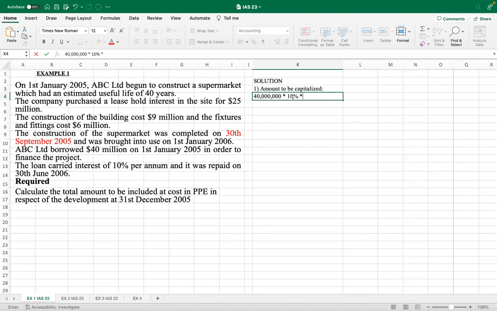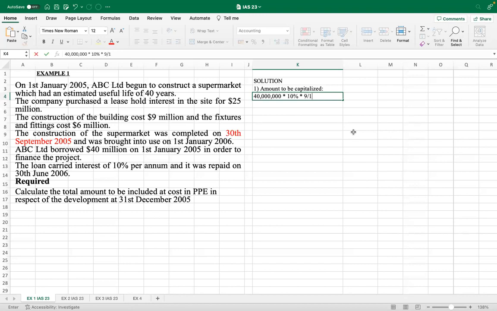But remember, we are looking at the amount to be capitalized, to be treated as part of the cost of the asset. We borrowed 40 million at an interest rate of 10%, but remember, capitalization stops when construction ends. Immediately construction ends, capitalization stops. You will not capitalize for the whole year because, in this paragraph here, the construction of the supermarket was completed on 30th September 2005. So construction began on 1st January and it ended on 30th September. From January to September, those are 9 months.